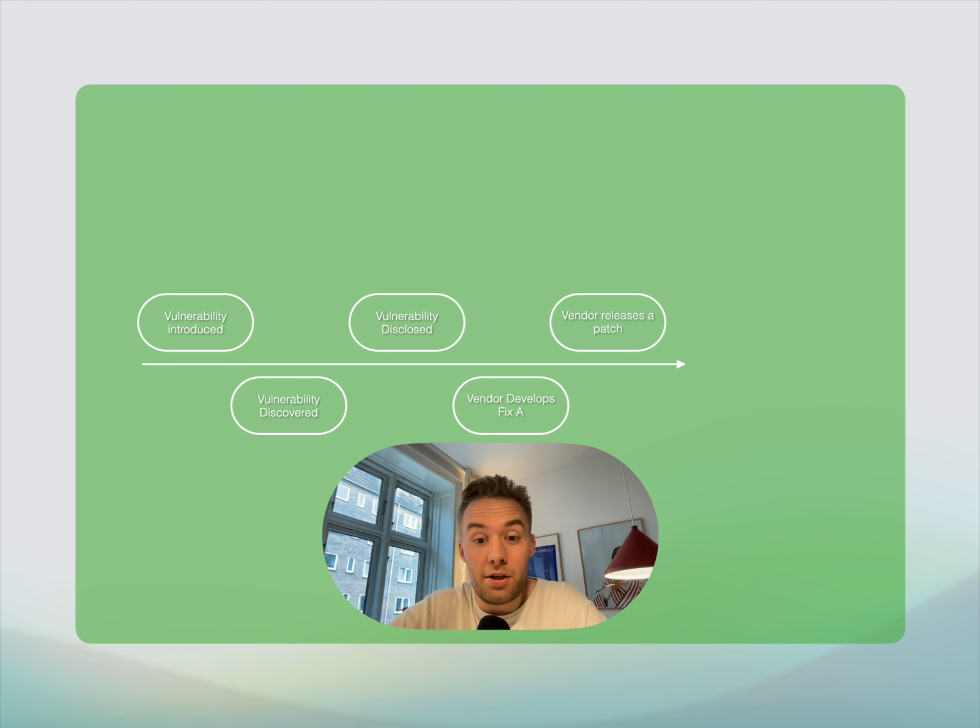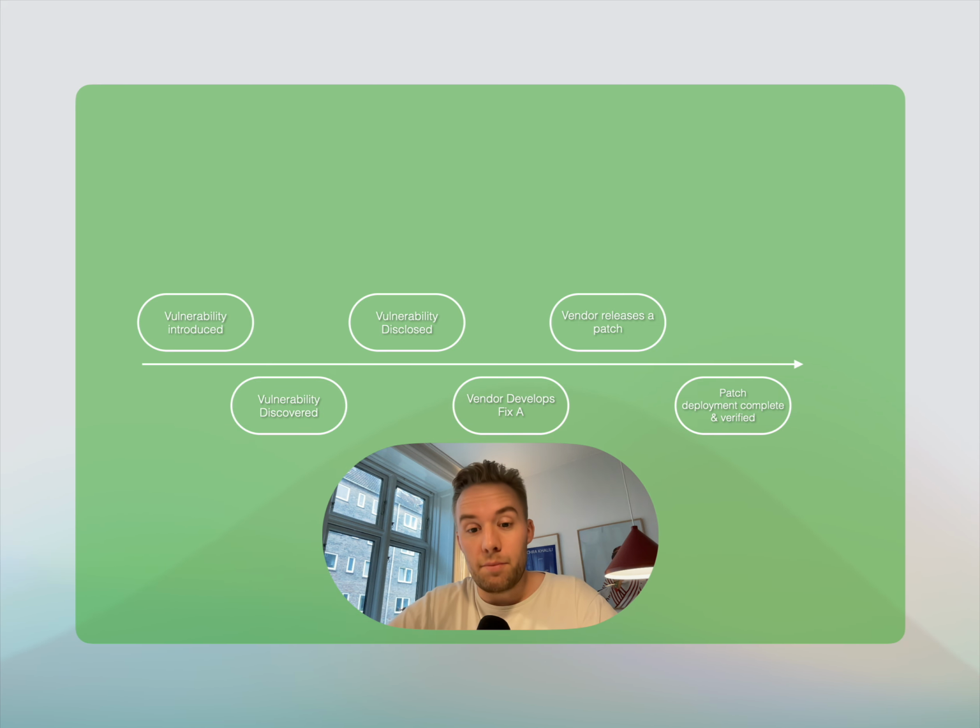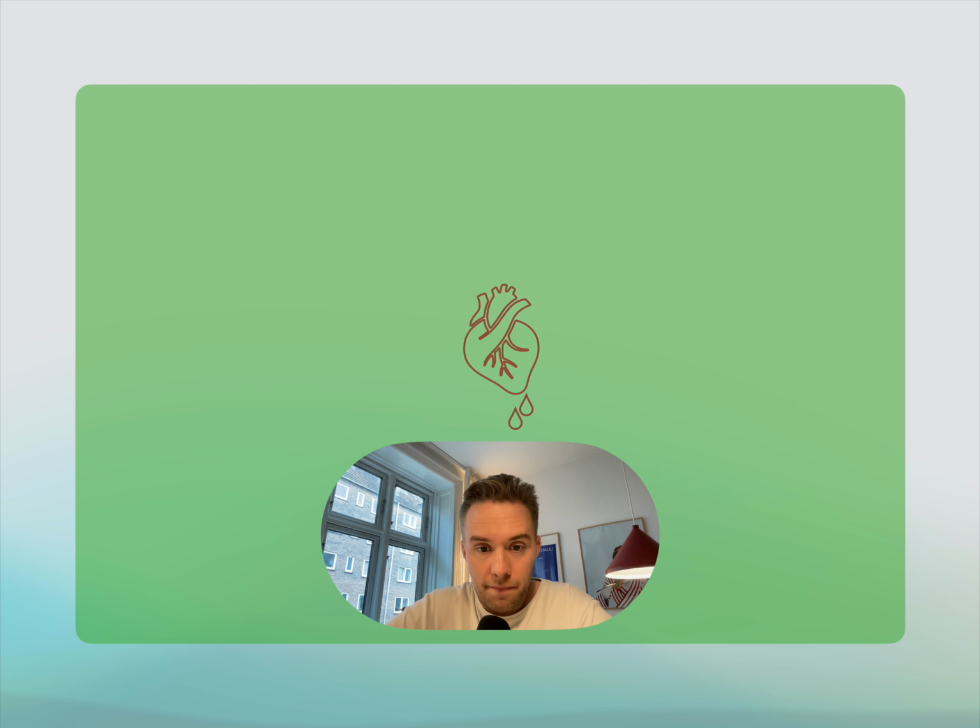They release this patch and advise everybody to patch it. This is important if we are responsible for some kind of code: that we are patching the correct code, and that our devices are patched when 0-days are discovered, because 0-days are really serious backdoors. Then the patch deployment is completed and verified, so that it worked and it is not an exploit anymore.